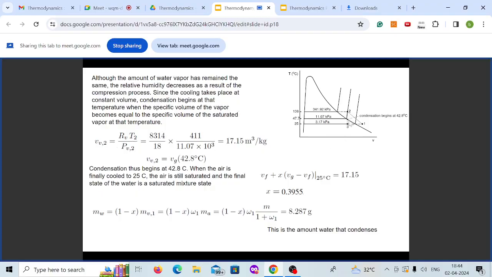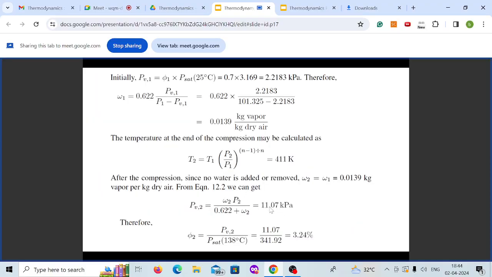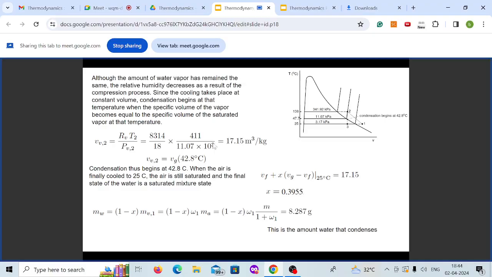So we will find the specific volume at state 2. This being an ideal gas, we can use R_v T2 by P_v2. R_v is 8.314 divided by 18, to find the gas constant, into 411 divided by 11.07. 411 is the temperature, and the water vapor pressure at the end of compression is 11.07 into 10 power 3.